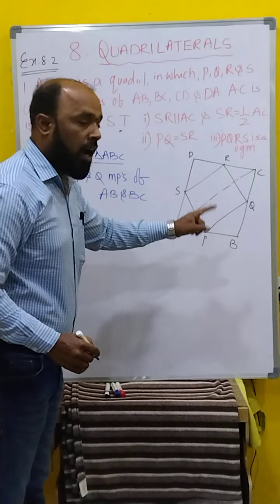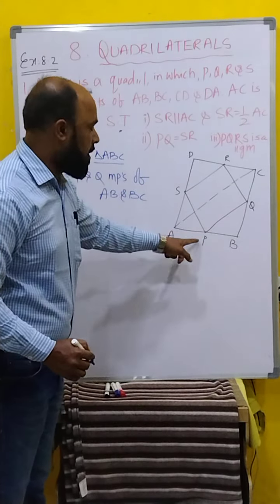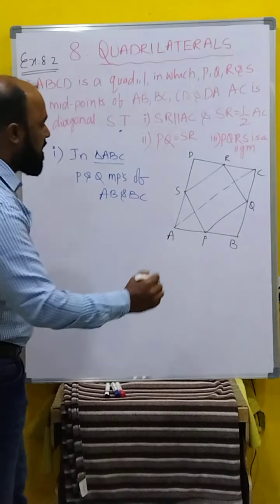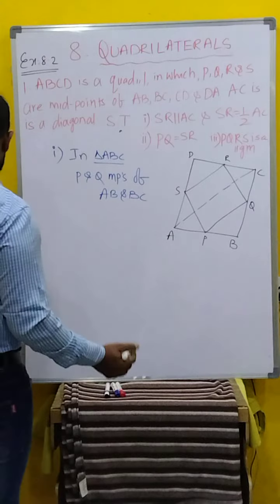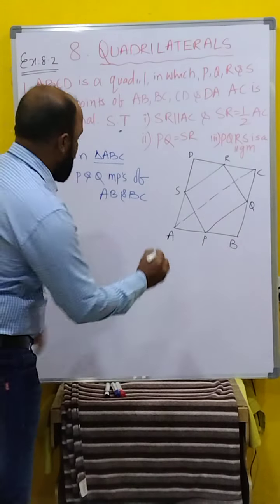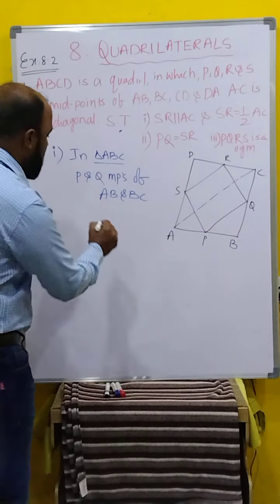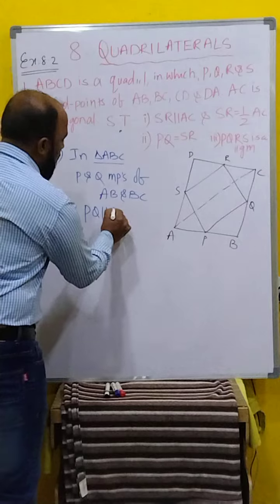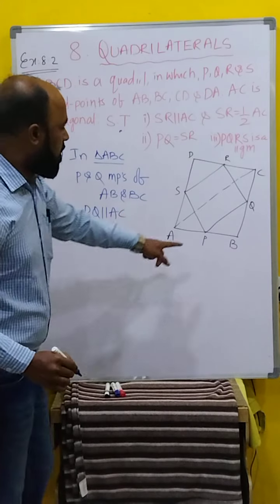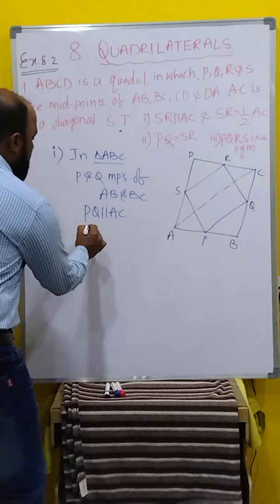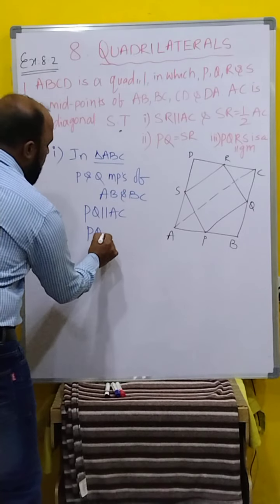And according to midpoint theorem, P and Q are the midpoints of triangle ABC. Then you can write directly, PQ parallel to AC, directly from midpoint theorem. Then PQ is equal to half of AC, that is from midpoint theorem.